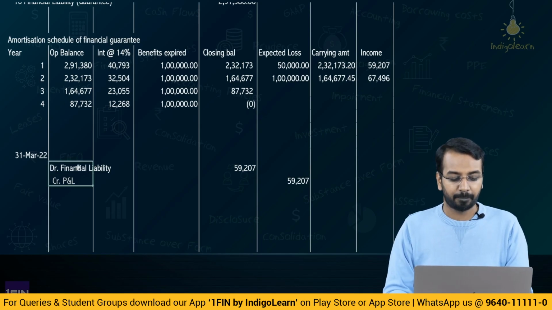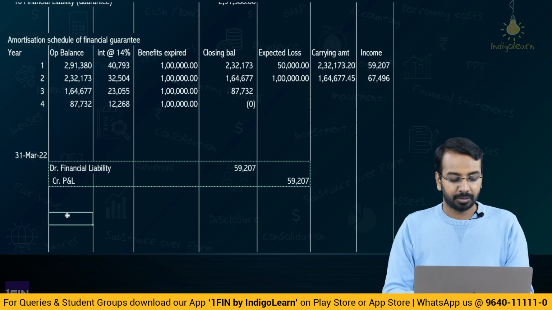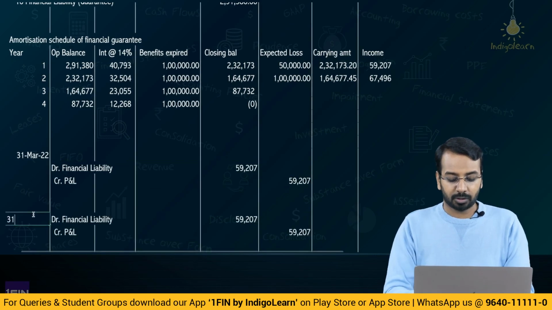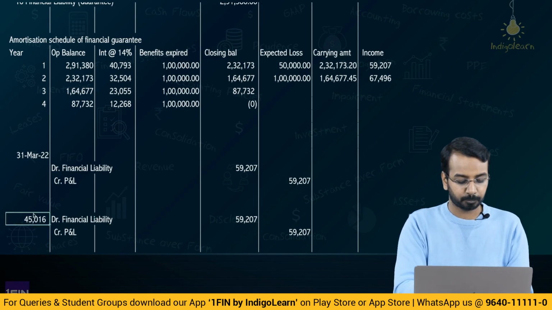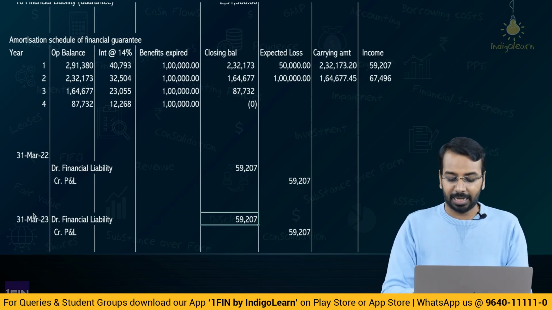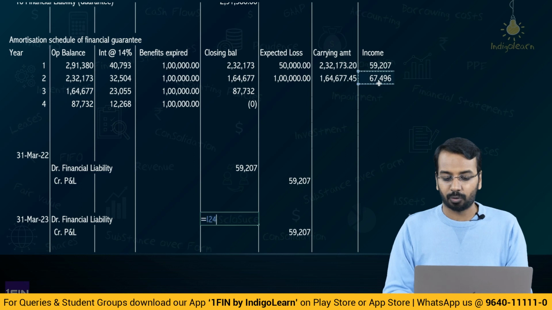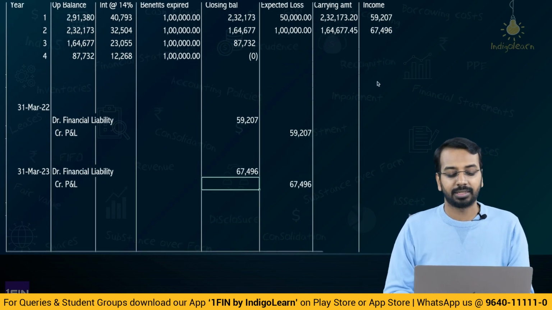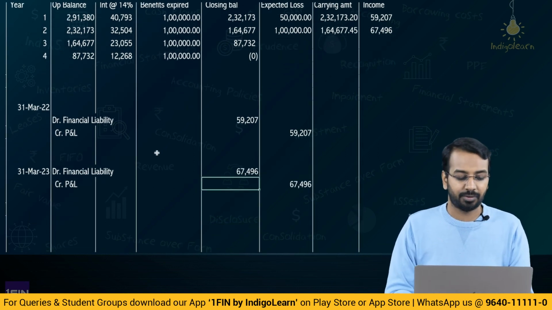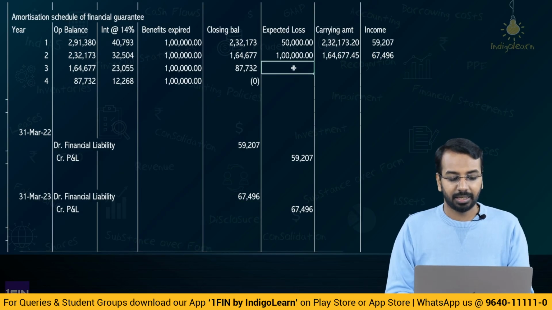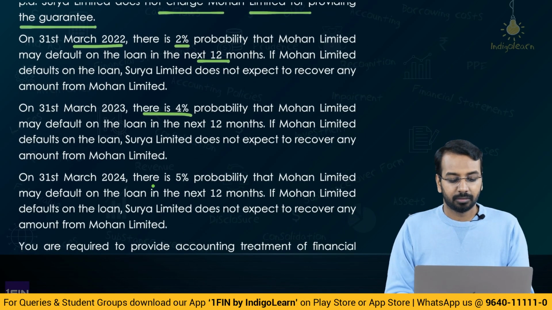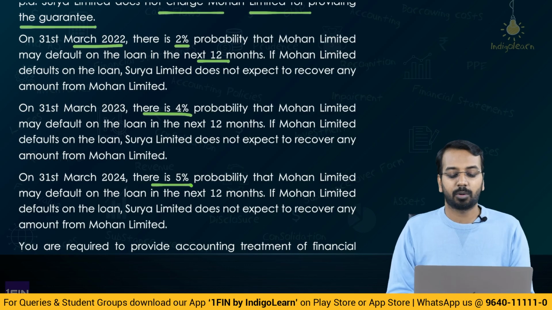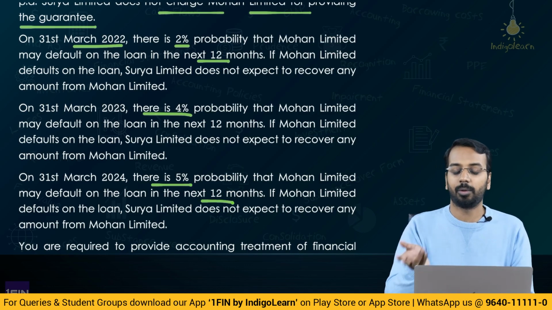So, for 31st of March of 23, you would say debit financial liability 67,496 because we are reducing the financial liability, and credit P&L 67,496. Then year 3, 24, there is a 5% probability that Mohan Limited may default on the loan in the next 12 months. Again, no amount is recoverable.